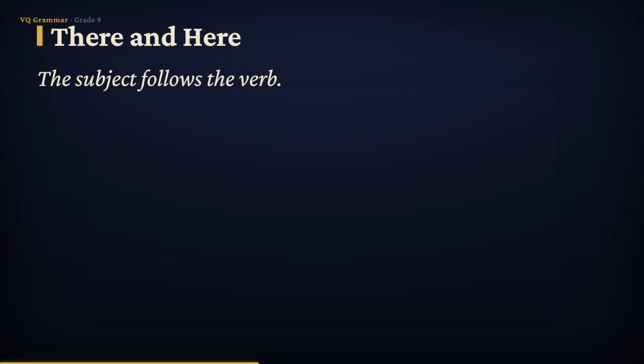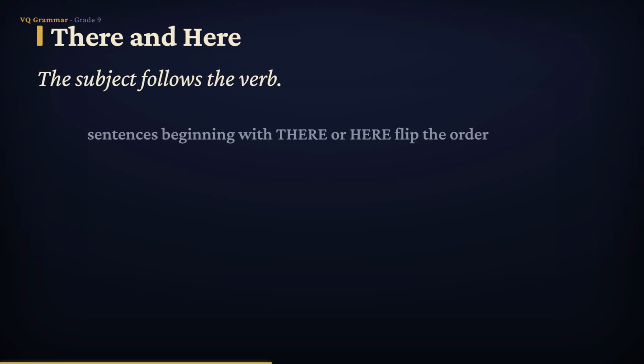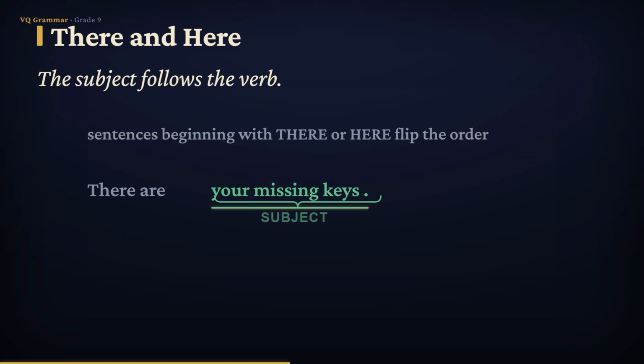Two little words deserve special attention: there and here. When a sentence begins with there or here, the subject slides to a spot after the verb. Listen closely. There are your missing keys. It is tempting to call there the subject, yet there is only a signal word. The real subject sits after the verb. Your missing keys is the subject here.